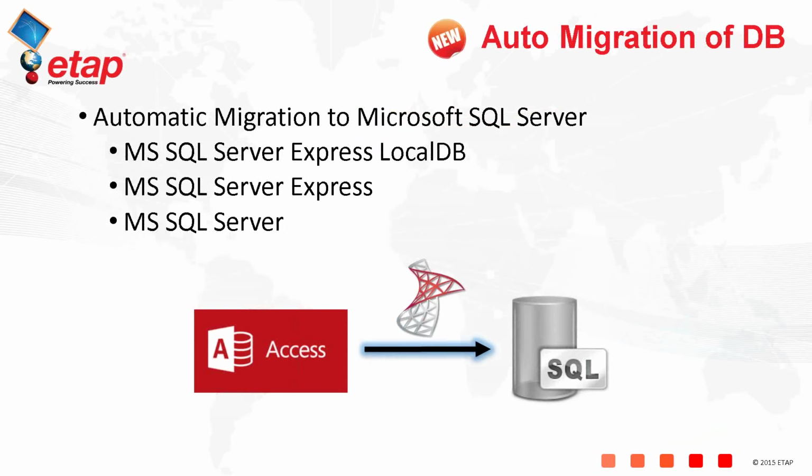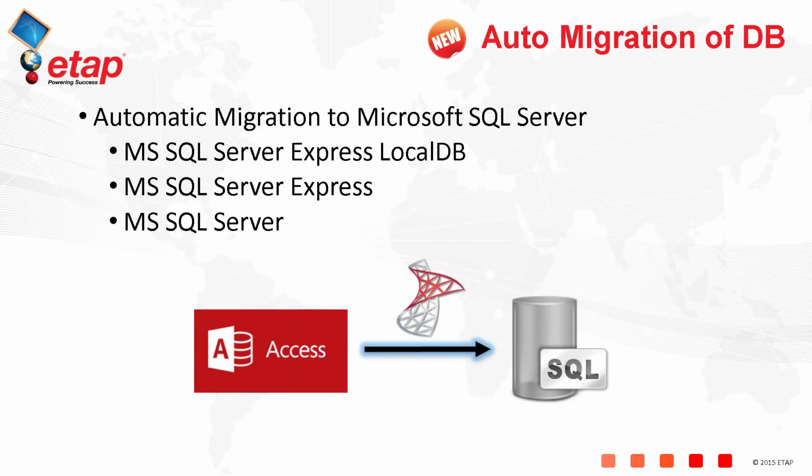In order to access, store, and manage larger amounts of information, ETAP is migrating from a local Access database to a local SQL database that would allow it to handle larger amounts of data.